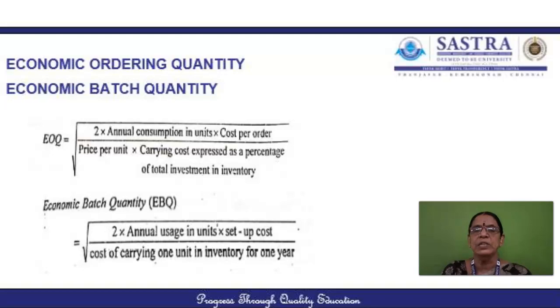So insurance will be 2 lakhs, interest is 14 lakhs and 50,000. Totally we will get 22 lakhs and 10,000. Now the inventory carrying cost will be calculated as a proportion of carrying cost to the average inventory. So 22 lakhs 10,000 divided by 1 crore into 100, you get 22.1%.